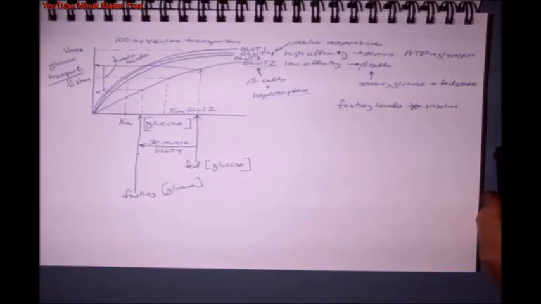So let's say that this is the fed glucose concentration. Let's say this is fasting here. So when we consume our glucose, our concentration of glucose goes up, and look at the activity of the GLUT2 transporter.